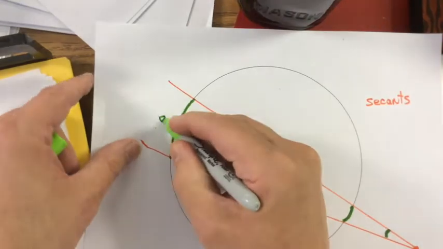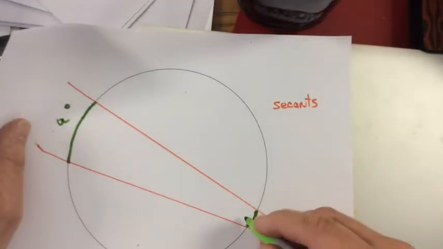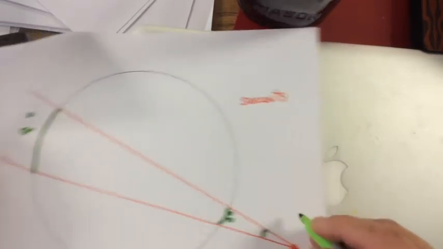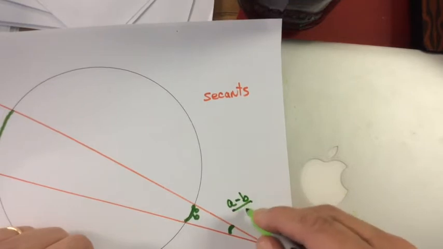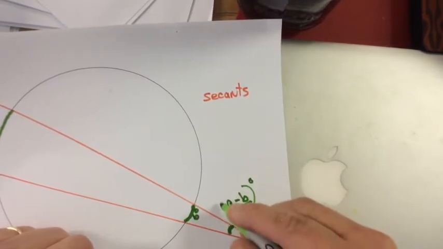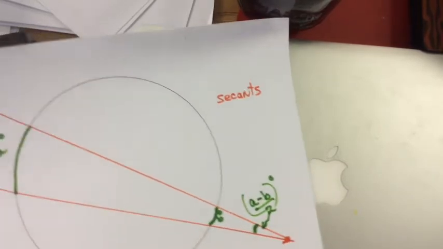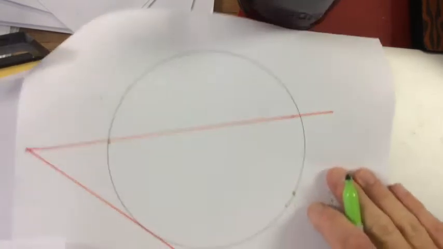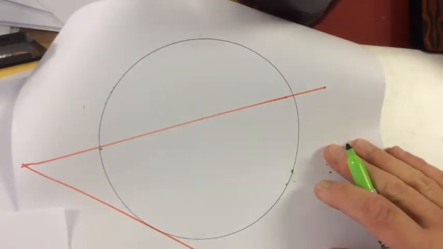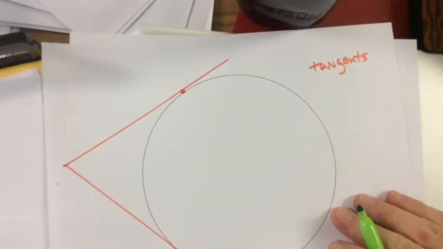So if we call this A degrees, we call this B degrees, then this angle right here is going to be A minus B over 2 degrees. And that's going to be true when they're secants. It's going to be true when it's a secant and a tangent. It's going to be true when there are two tangents.